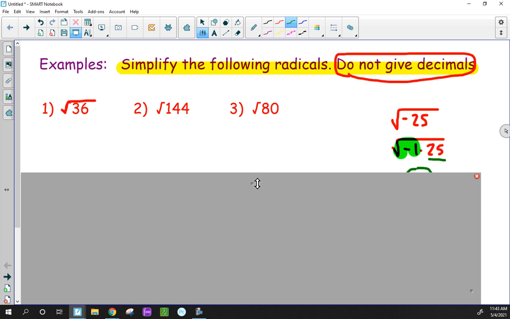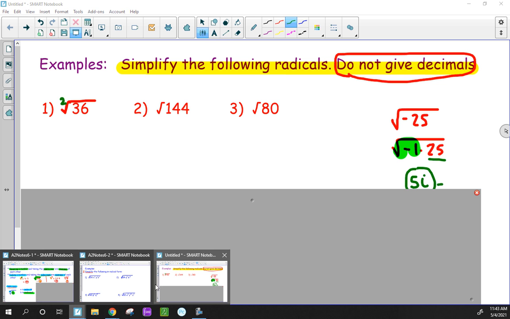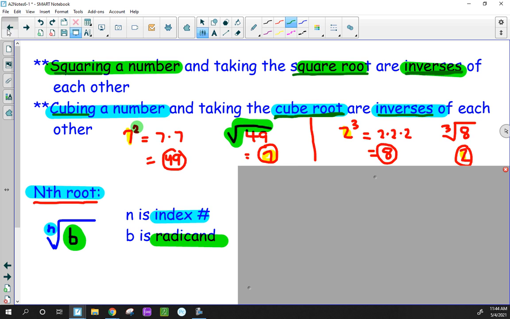Okay, so let's take a look at question number 1. Notice that the index number is missing. So remember I said that that's 2. So it's a square root. The radicand is 36. This question is asking you to look at square roots. Okay, so I'm looking at my perfect squares list again. Go back here.